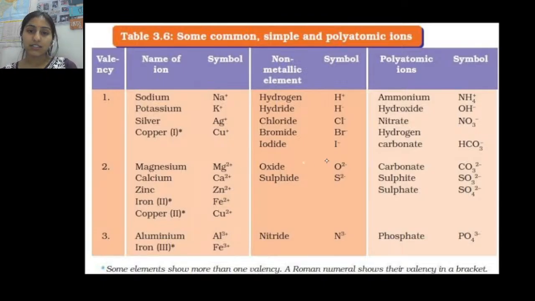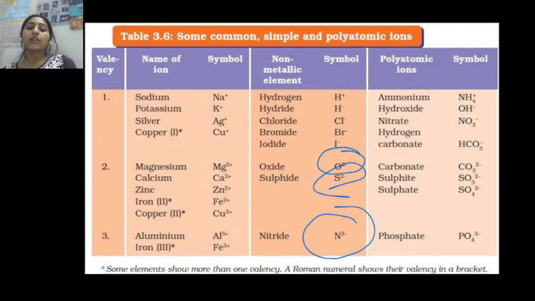So oxygen has -2 valency, and sulfide also has -2 valency, nitride has -3 valency, then iodine has -1, bromine -1, chloride -1, hydride -1, hydrogen +1, ammonium +1, hydroxide -1, nitrate -1, then bicarbonate -1, carbonate -2, sulfite -2 and sulfate -2.